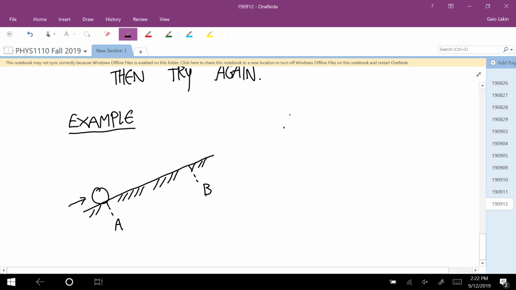And as the ball passes point A, its speed is 2 meters per second.